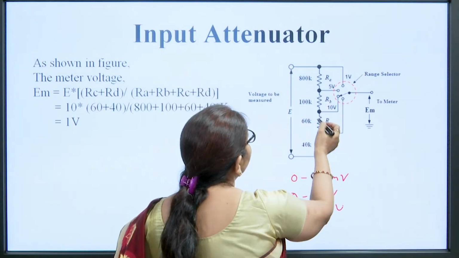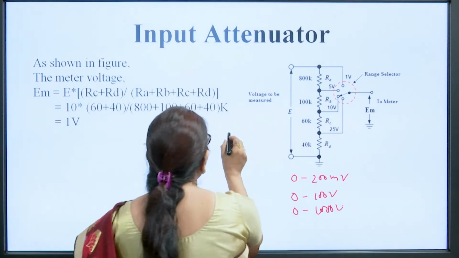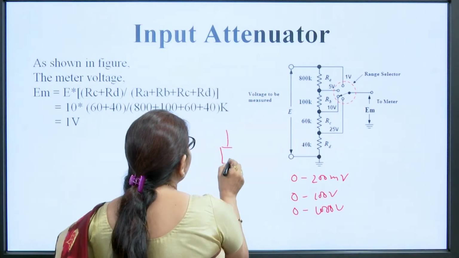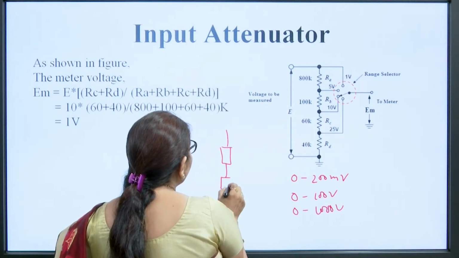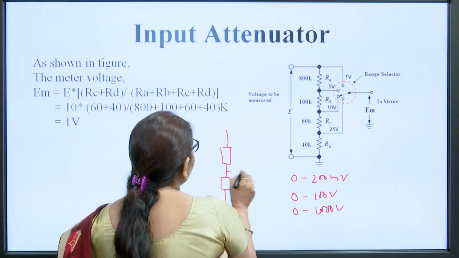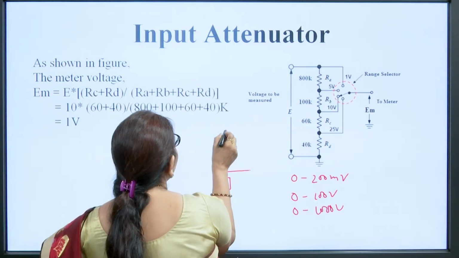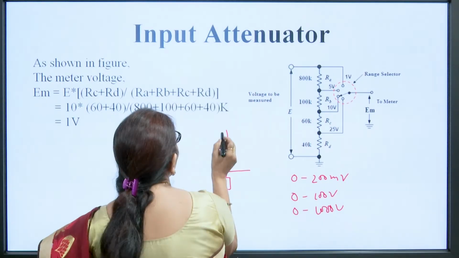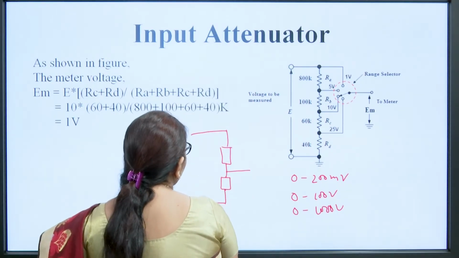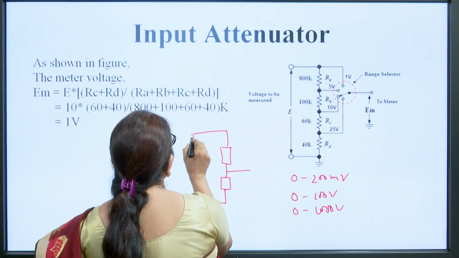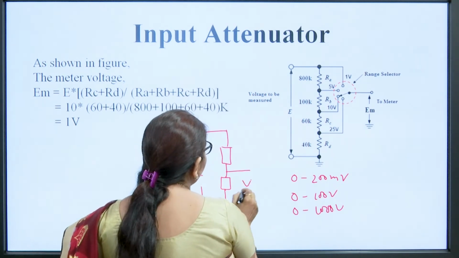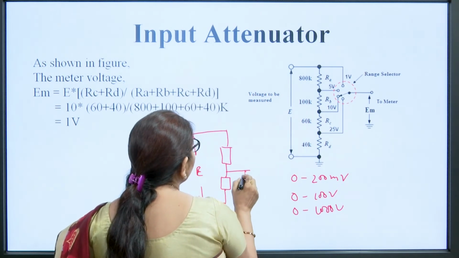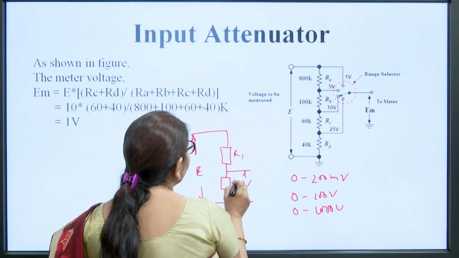So, we can see a voltage divider network. We know that in a voltage divider network, suppose there are two resistances, and suppose input is applied over here, input is E, and suppose the voltage at this point is V. This one is R1 and this one is R2.